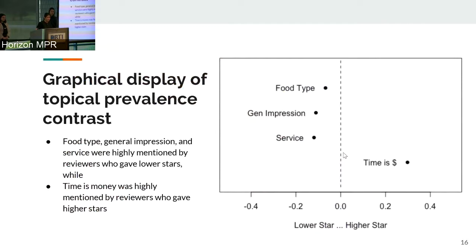Lastly, we also take a look at the bivariate correlation between the topics as well as the number of stars. Those who mentioned food type, general impression, and service gave lower stars, versus those who mentioned time is money, who gave higher stars.